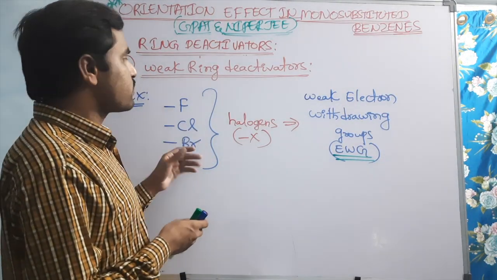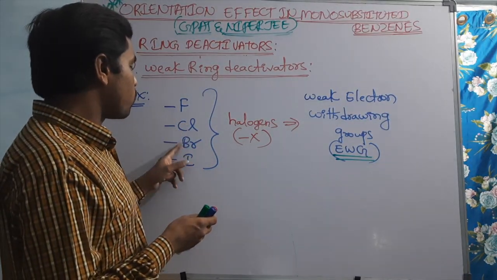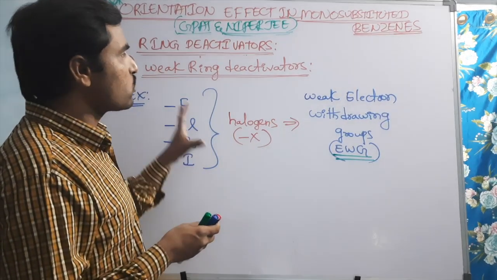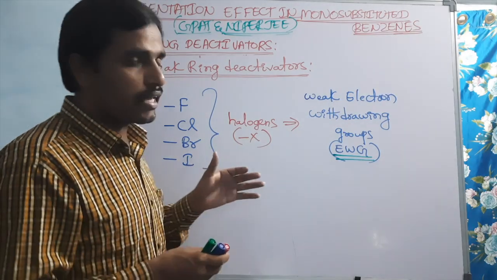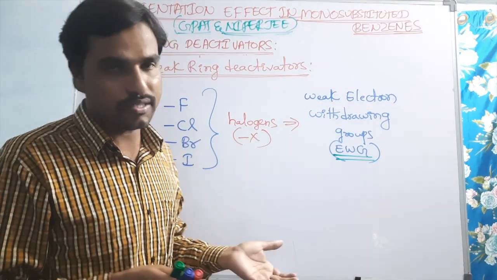Fluoro, chloro, bromo, iodo: all halogens can act as weak ring deactivators.